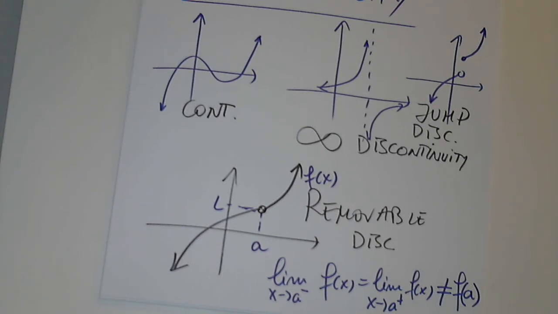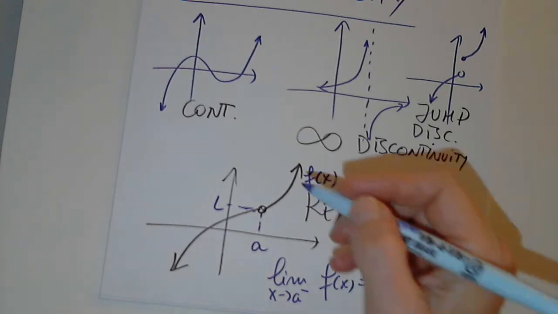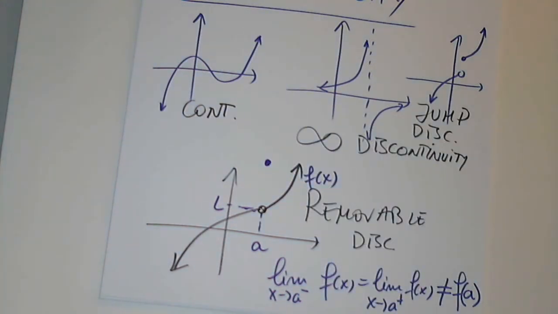The limit from either side exists and the values are the same, but they do not equal the function value, either because the function is not defined there, or it is defined somewhere else. It doesn't matter.